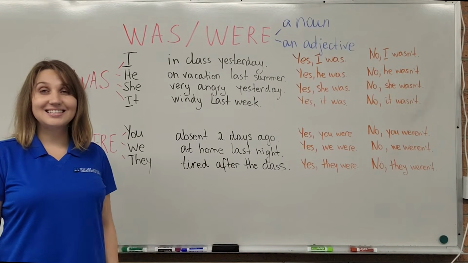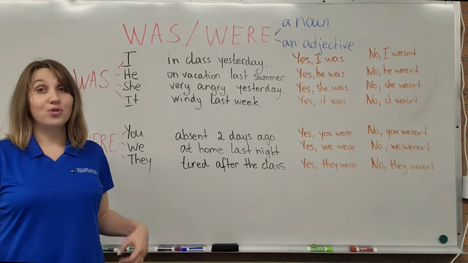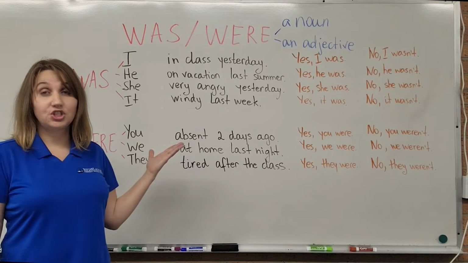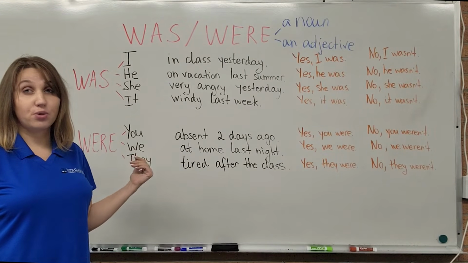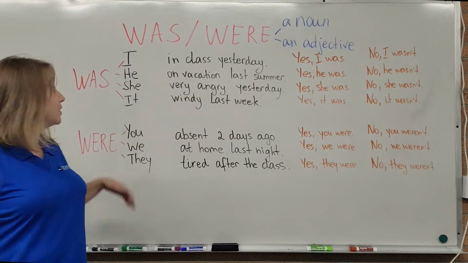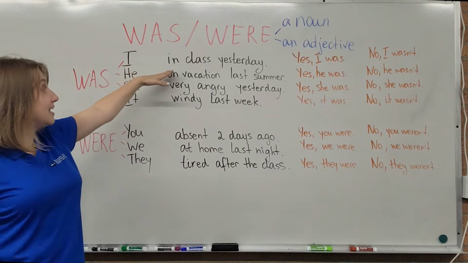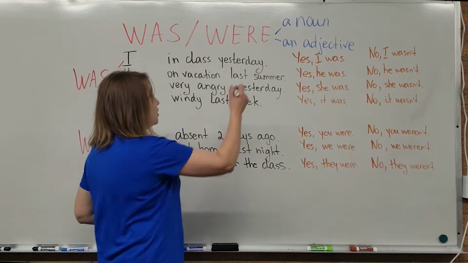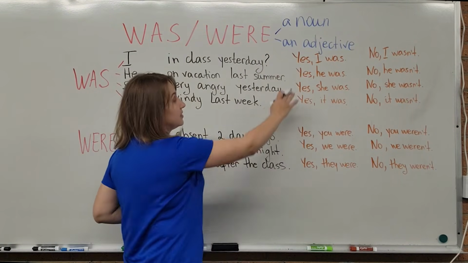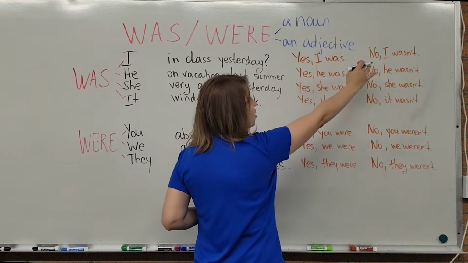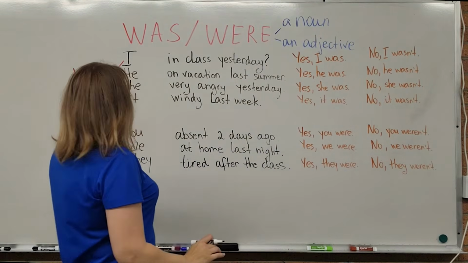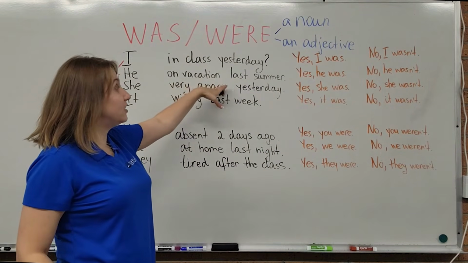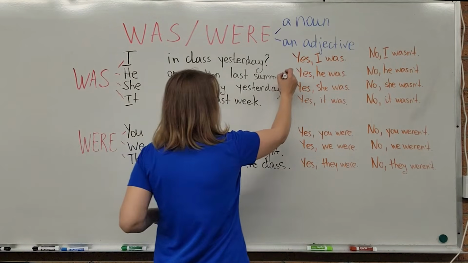And finally, let's take a look at how we answer with the short form questions that we create with the help of was or were. So, was I in class yesterday? And we will put a question mark, and the answer is yes, I was, or no, I wasn't. Was he on vacation last summer?